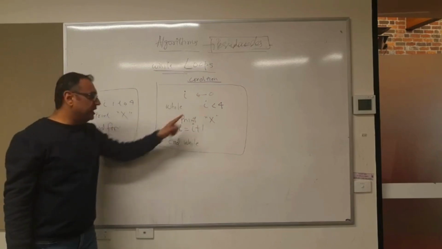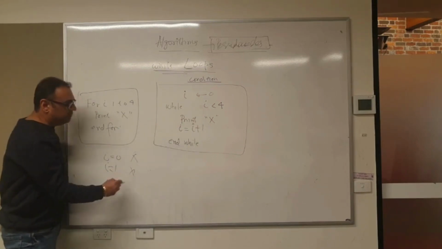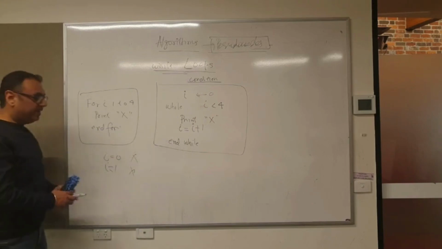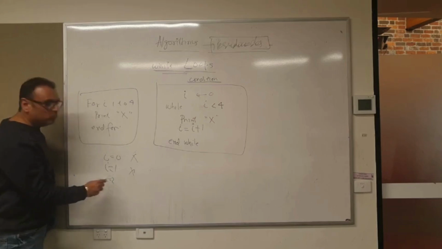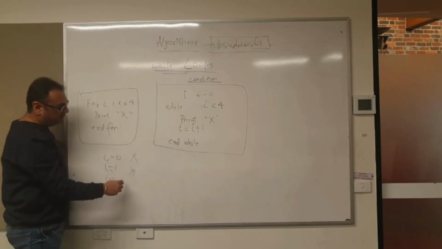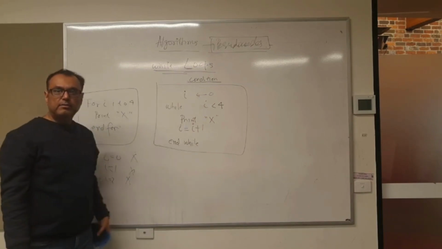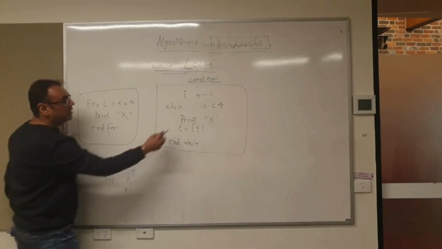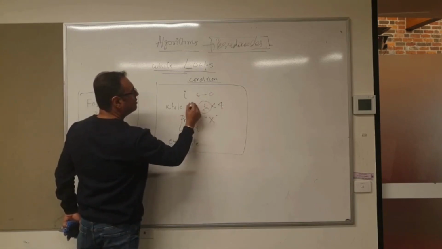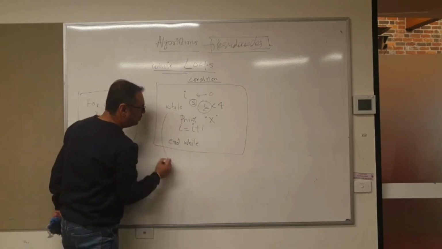Check the condition again. Is 1 less than 4? Yes. Go inside. Print x again. Increase I by 1. Now I is 2. And while go up. Check. I is 2, less than 4. Yes. Print x. And you keep going, till the time I is 5. And then you end while.